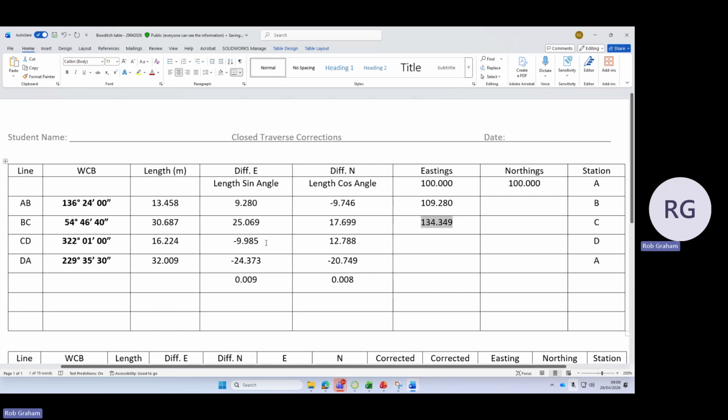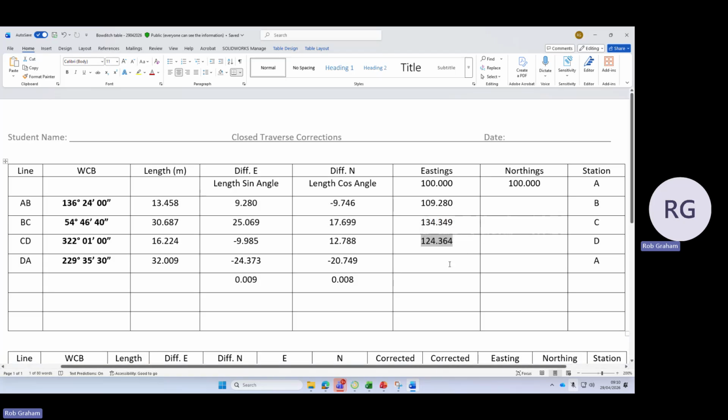We then take that figure cumulatively, and we take away 9.985 because it's a negative number. 9.985 equals, and I'm getting there 124.364. And finally, we are taking 124.364 and deducting 24.373.